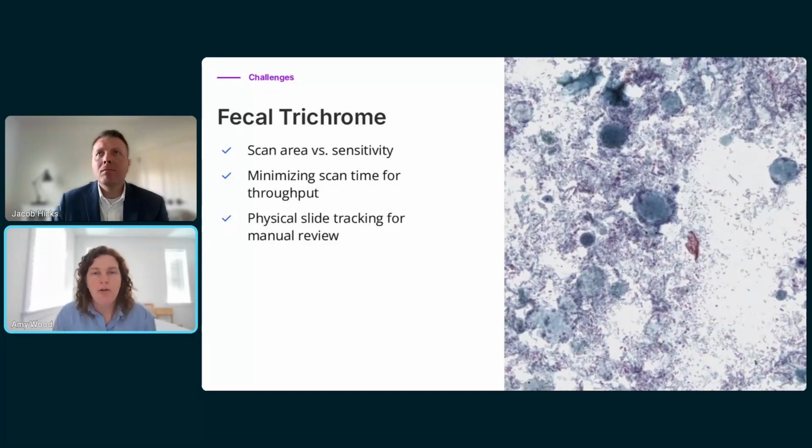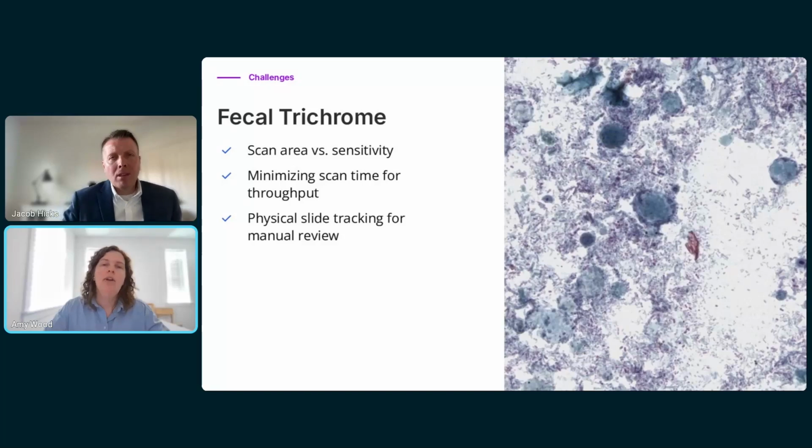Also for fecal trichromes, 90+% of these are going to be negative. And so the AI is really great at searching through those and being able to screen out the negatives. But if we have one that we think is potentially positive, we have to go back and confirm the diagnosis manually on the glass. And so for this example, we need to be able to load the slide into the scanner, complete the scan, but then put the slide back into a place where a person can come and quickly grab the few that they need to manually review.